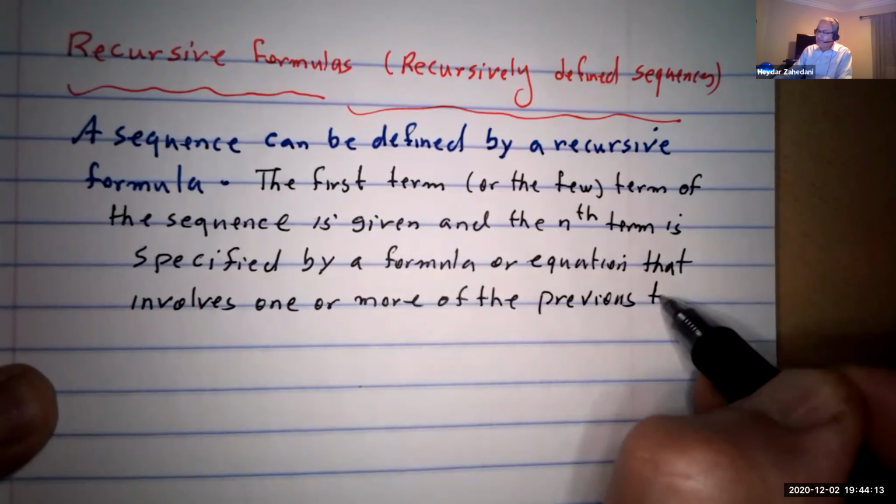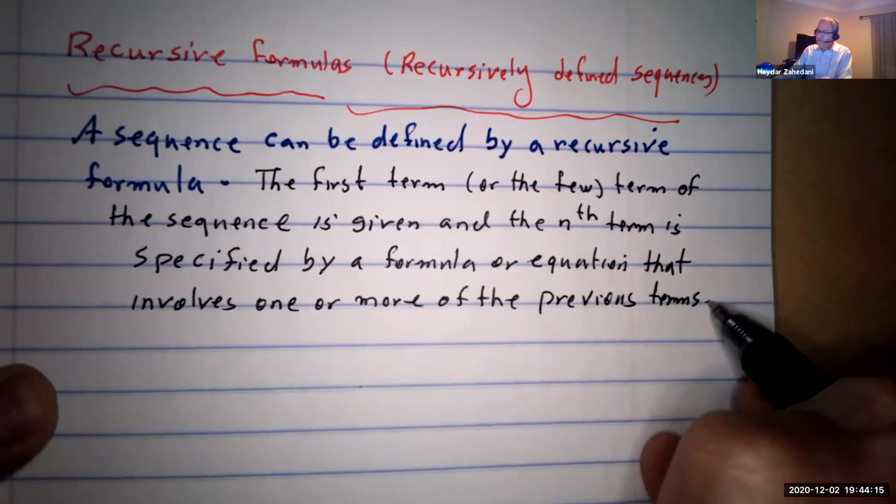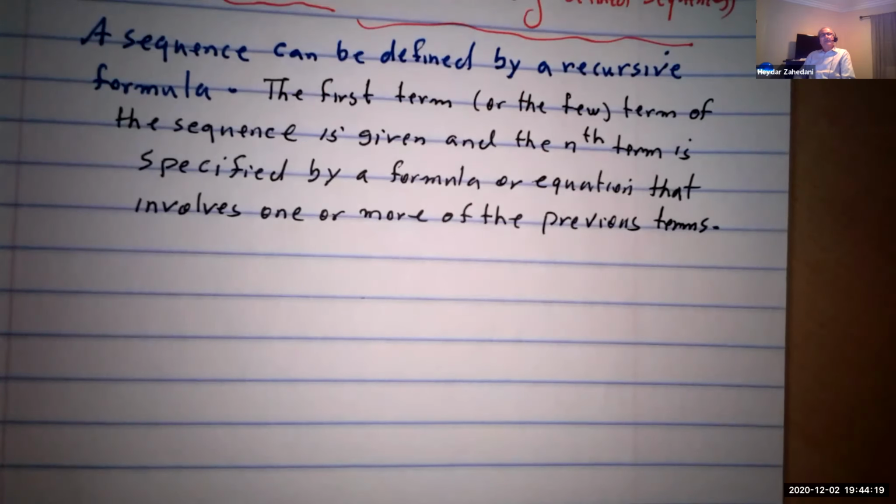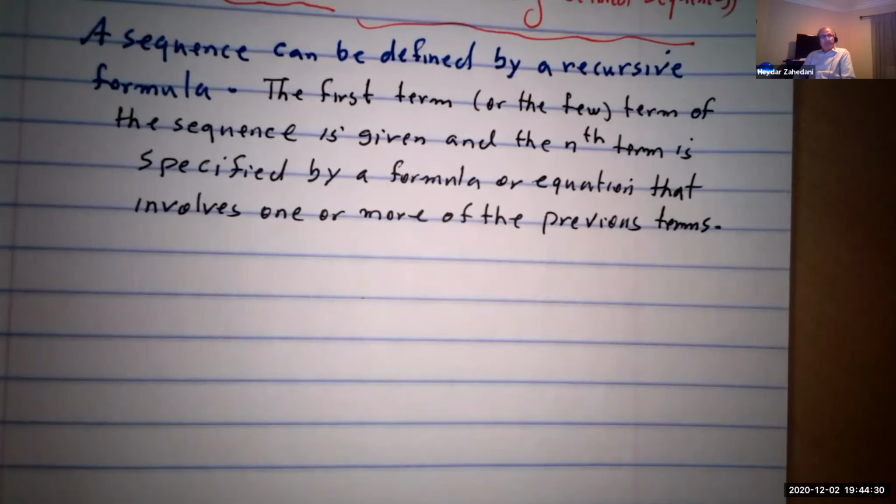So the first term would be given. You get to the second one, and it would be something of the first. The third term or the nth term, there's going to be a relationship that can be written down in terms of the previous terms.